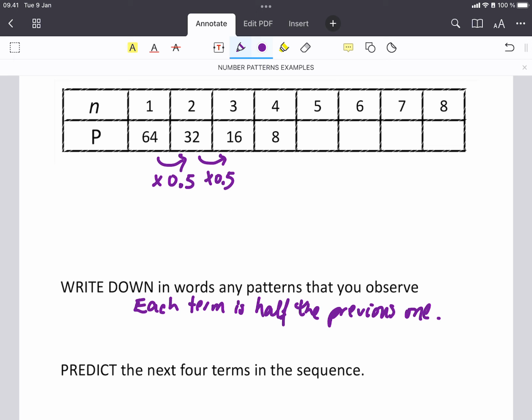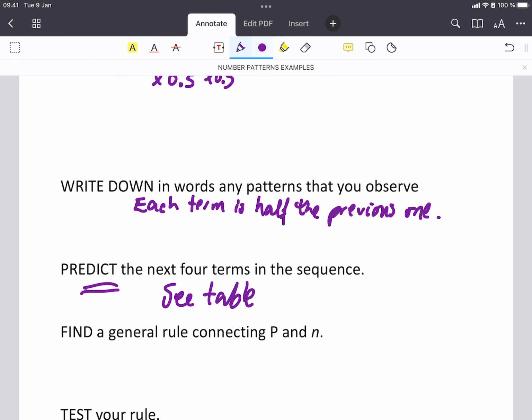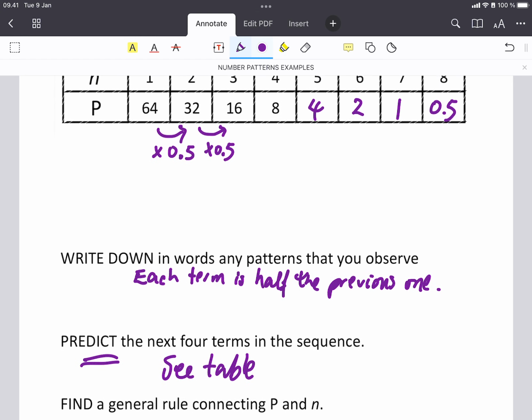Another pattern might be that the numbers are all even so far, but of course this will get down to a point where they're not even if you keep halving them. Predict the next 4 terms in the sequence. I've just done that, haven't I? I've just filled that in. So see table. Find a general rule connecting P and N.